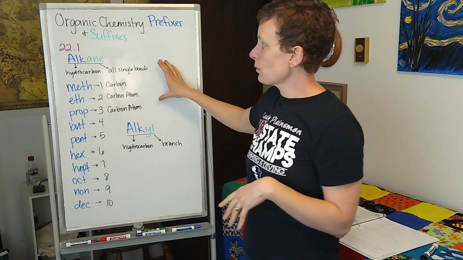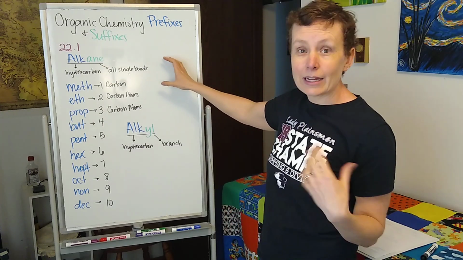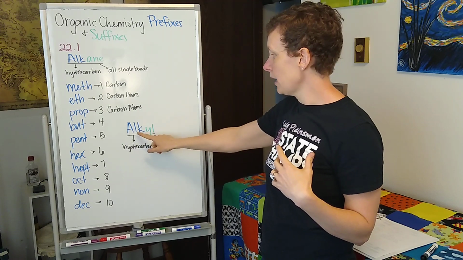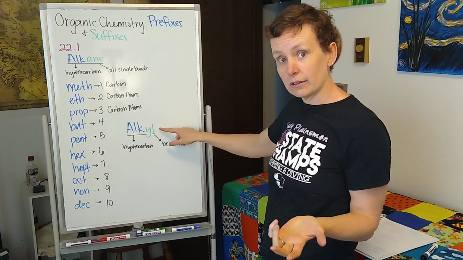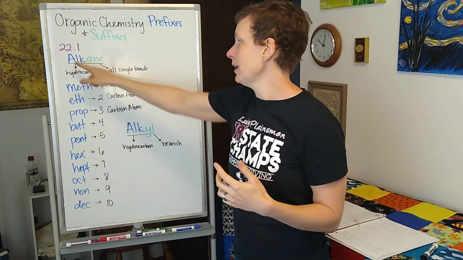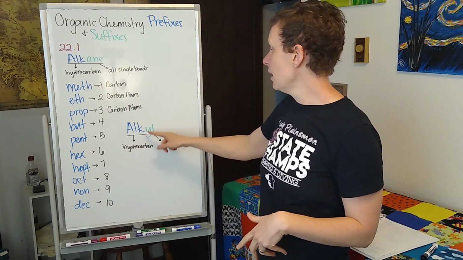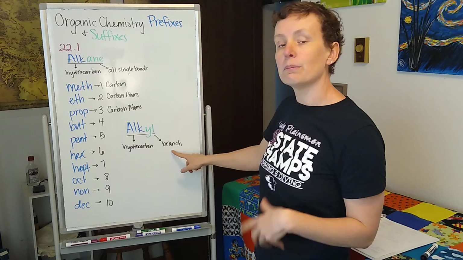Okay, and then in 22.1 we also looked at branches of hydrocarbons. So an alkyl group, A-L-K-Y-L, alkyl group. Alk is still hydrocarbon. It doesn't change its meaning just because we change the ending. But the ending now means it's a branch.